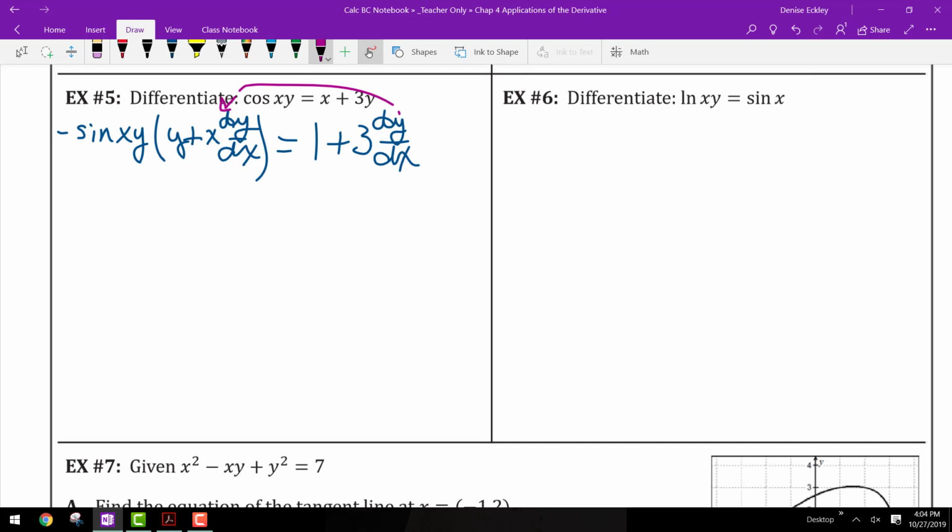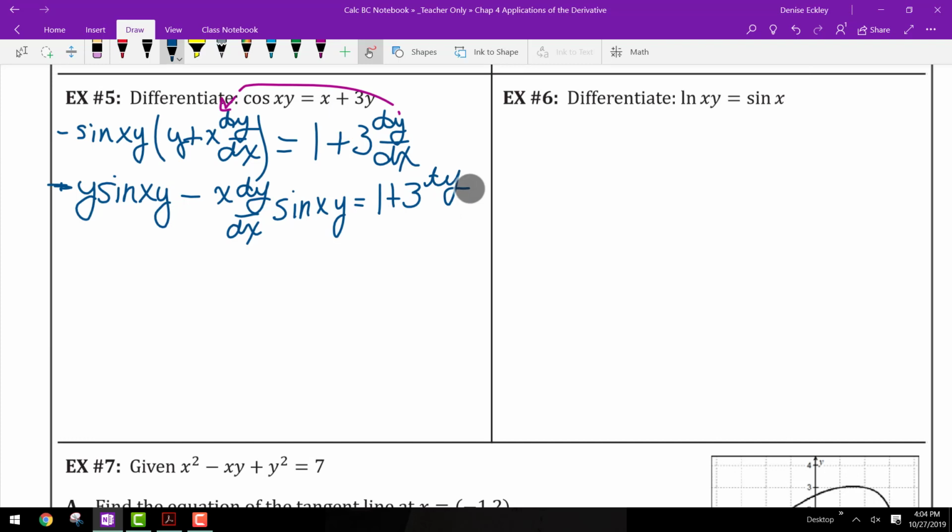So we're going to have to distribute the negative sine xy. So let me do that first. So we're going to have negative y times sine xy. And then we're going to have minus x dy dx times sine xy. And that's going to equal 1 plus 3 dy dx. All right, so then you can see that I'm going to move the one term from each side over.